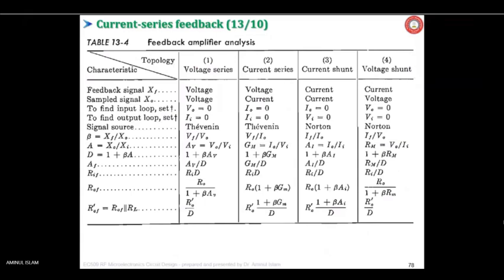So this table we have already seen, and once again it is coming because we have now discussed this one. Whatever characteristics you find here about the feedback signal, the sample signal XO, then beta, gain, and desensitivity, etc., whatever we have discussed is related to this second topology, the current series feedback amplifier.